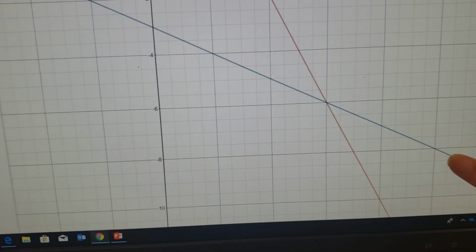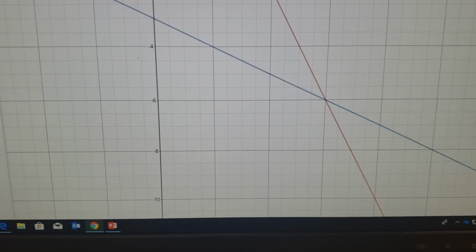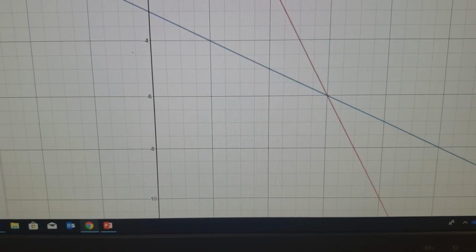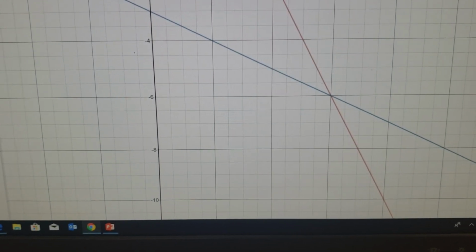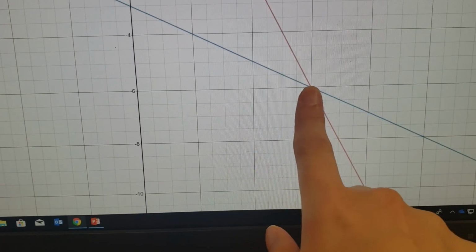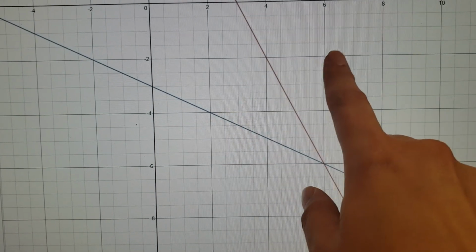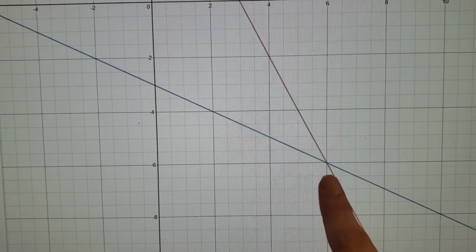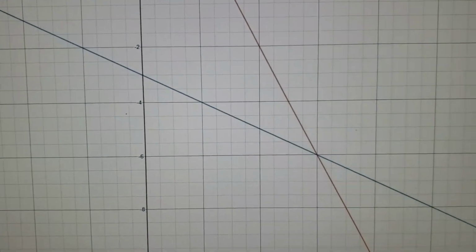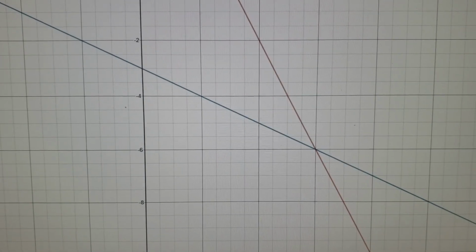And then the blue line is all of the solutions or all the combinations of x and y that would work out in the problem to negative 24. They have one solution in common, which is right here. And if we take a look at those coordinates, we see that it's at 6, negative 6, which is the solution that we got for our first system of equations.